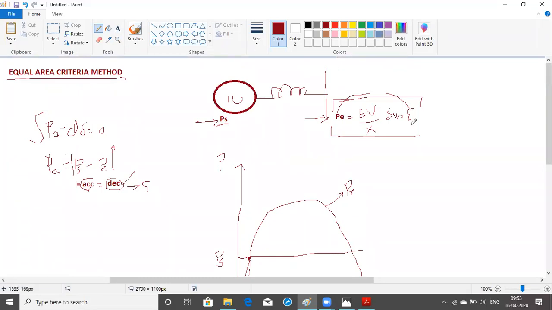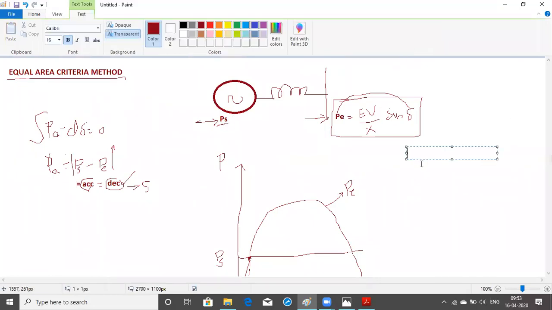If you substitute delta naught, the amount of power you get is equal to the shaft power, and at that point PA is equal to 0.